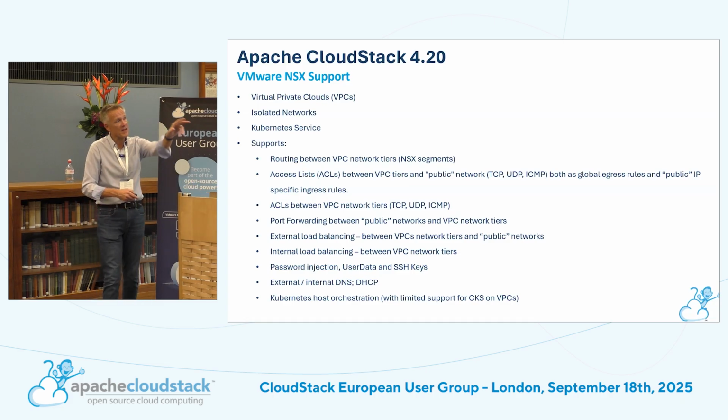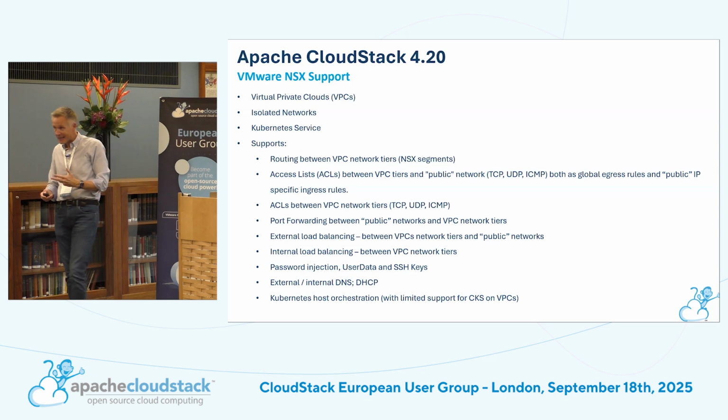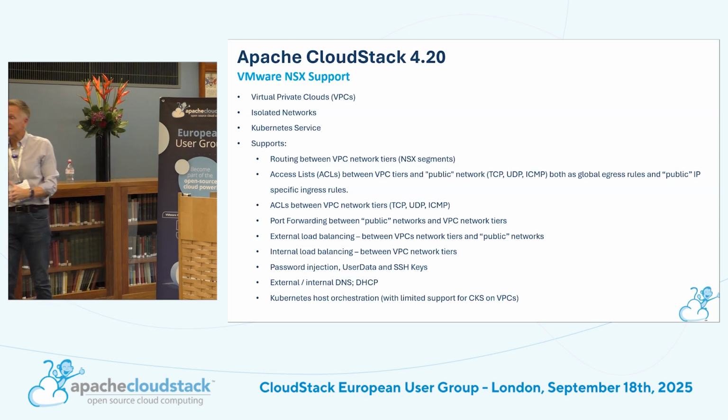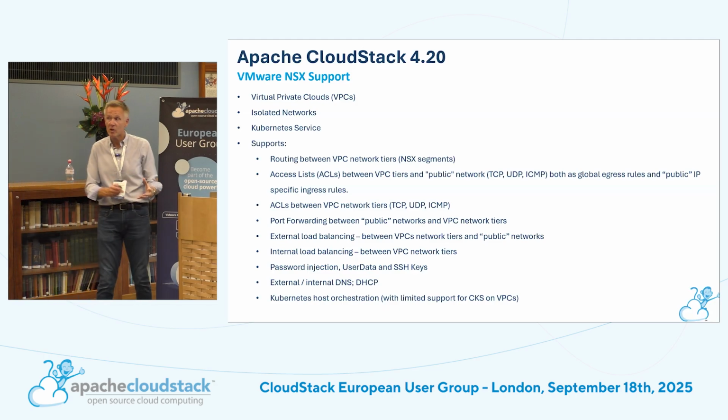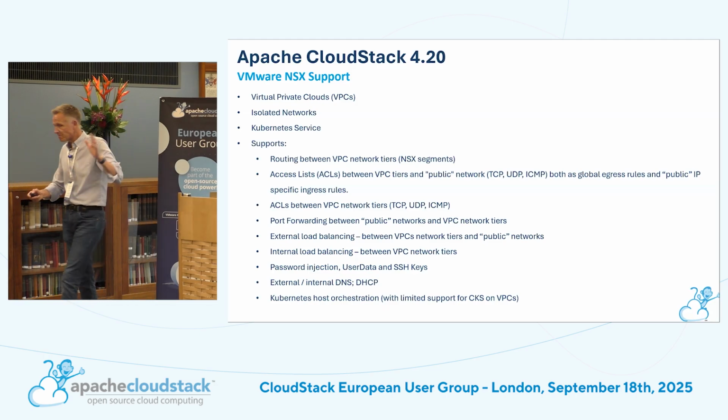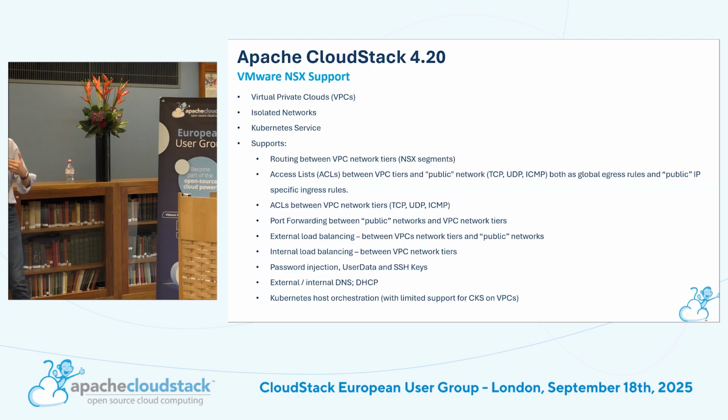As I say, things like NSX and Netris, which I'll speak about a little later, are great, fantastic, but remember CloudStack does already have very good networking in place. Things like this are for people that have different, perhaps more advanced, use cases.